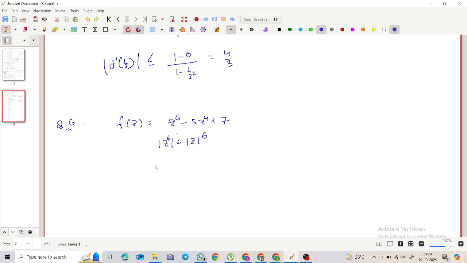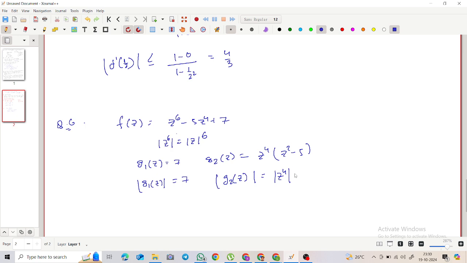Yeah, we will use Rouché's theorem, but how? I took one function g1 z as 7 and g2 z as the rest. G1 z she is taking 7, G2 z she is taking the rest. We have to check on the boundary by putting points which one will be bigger. Now G1 z modulus is 7 and G2 z modulus is mod z to the power 4 into mod z square minus 5, less than or equal to mod z to the power 4 plus 5. The inequality is true, right? If you put mod z equals 1, this is 6 and this is 7.